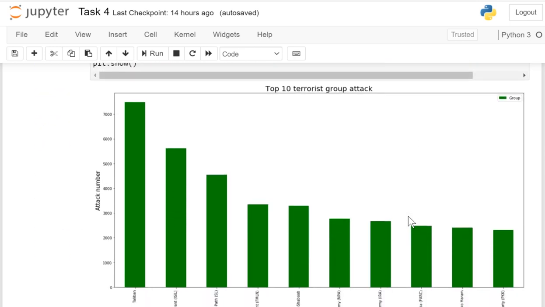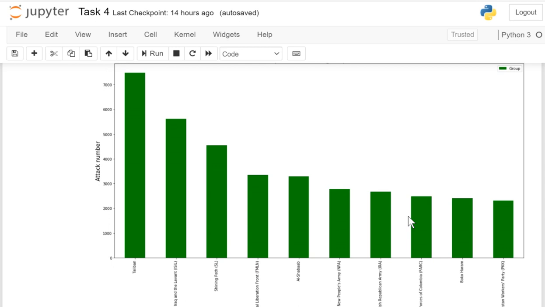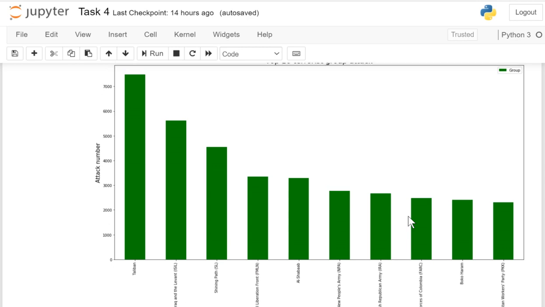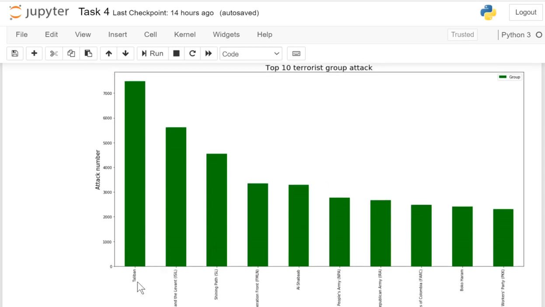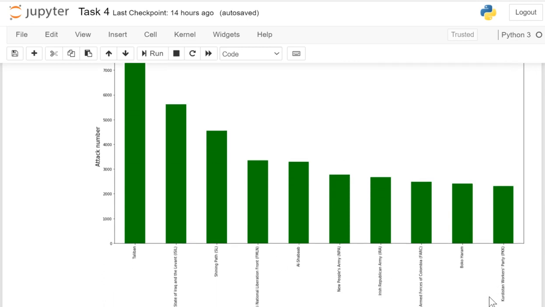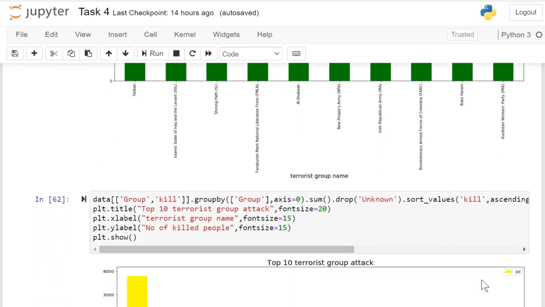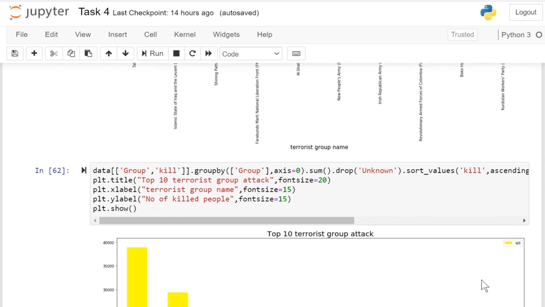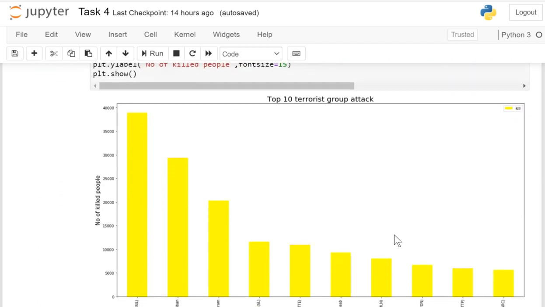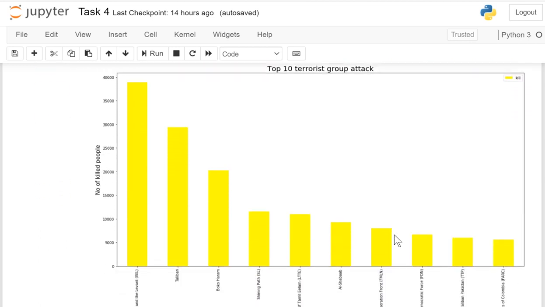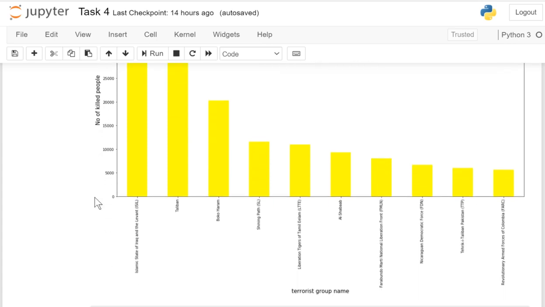So here we can see the top 10 groups of terrorists who attacked. First comes the Taliban, and the least number of attacks comes from the Kurdistan Workers' Party, PKK. In the next graph we see the top 10 terrorist groups by number of people killed.